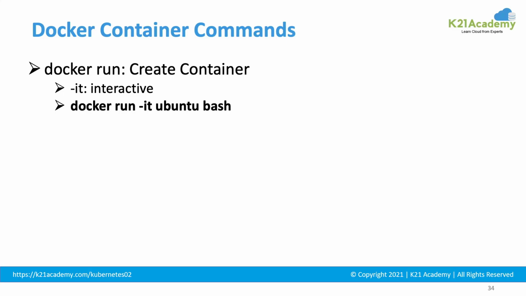So it will create an Ubuntu container and start a bash process inside it. And because we have mentioned -it, it will interactively take me inside the container's prompt. As soon as you execute this command, you would land in the terminal inside the container.